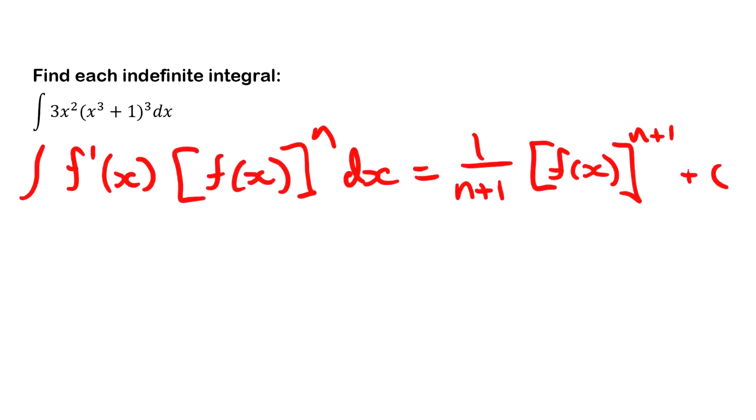Now if I differentiate x to the power 3, I do end up with 3x squared, so that's good. We don't need to do any changing. So what we get here is 1 over our power, which is 3 plus 1.